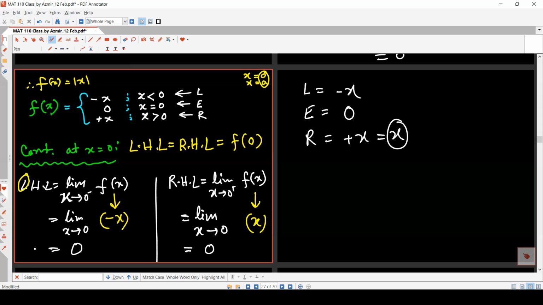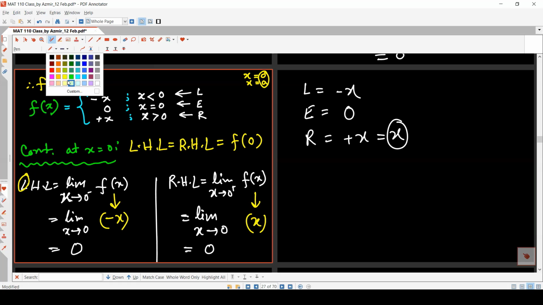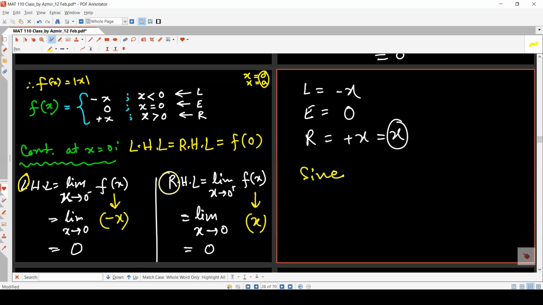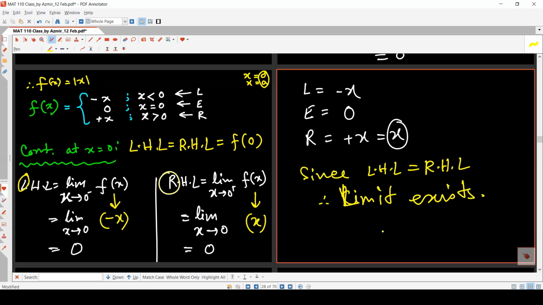So left hand limit and right hand limit both are finite value and same. That means we can say that since left hand limit equals right hand limit, therefore the total limit exists.